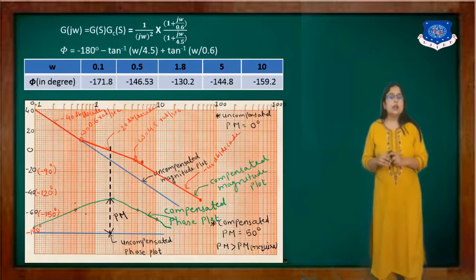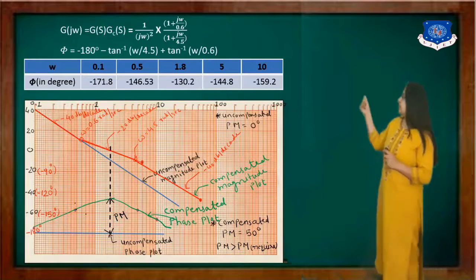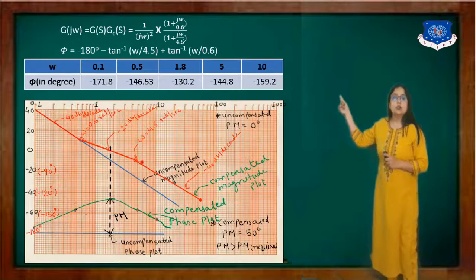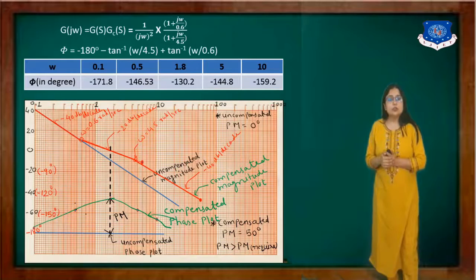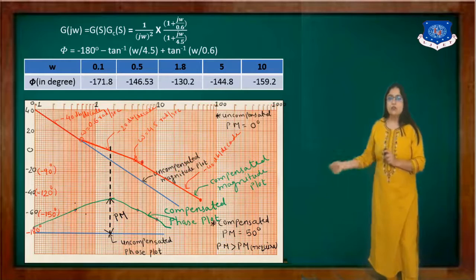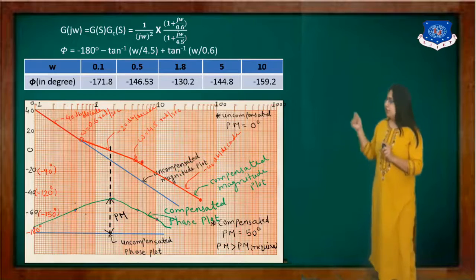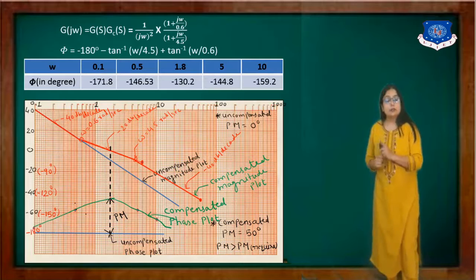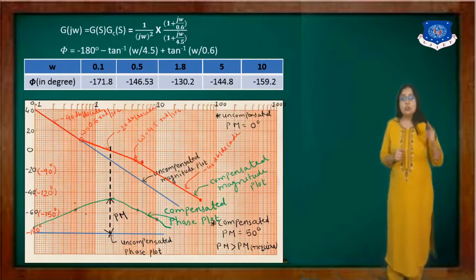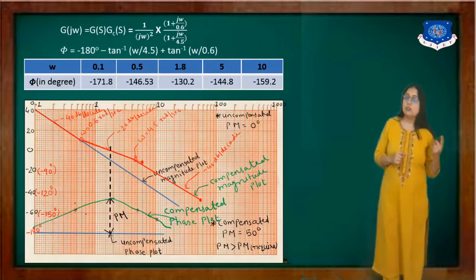Fine. In other way, how you can get the phase margin, you check the reading at 1.8. That is what? It's minus 130.2. Now simply add 180 in it. So that is around 50 degree. So that is your phase margin. But by chance, if your phase margin is 40 degree, but your required phase margin is 45, then you have to repeat all this procedure by changing the value of eta.